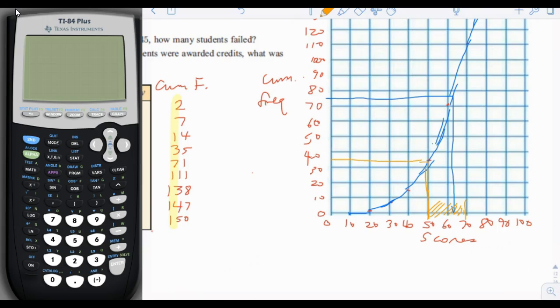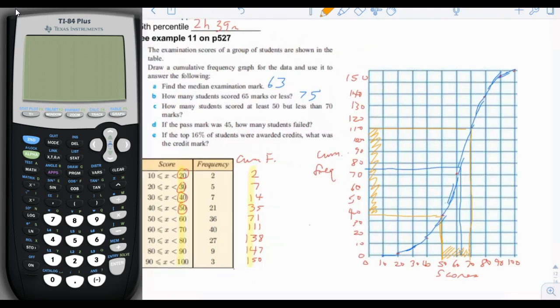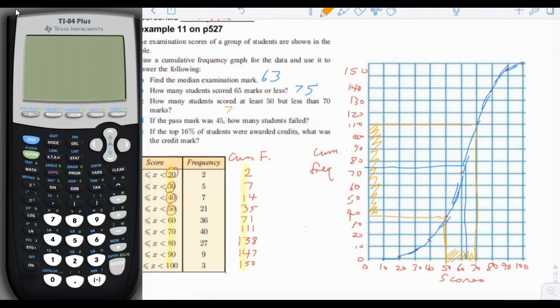And then the other point here would be about 110. Okay, so we're talking about this region here. From the 40th student to the 110th student, that's a difference of about 70 students. So about 70 students scored between 50 and 70, right?